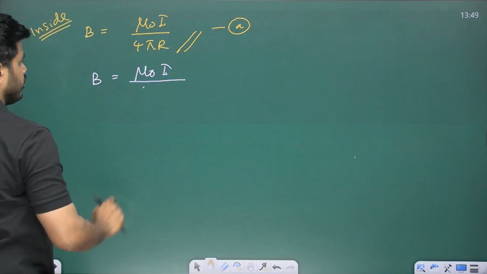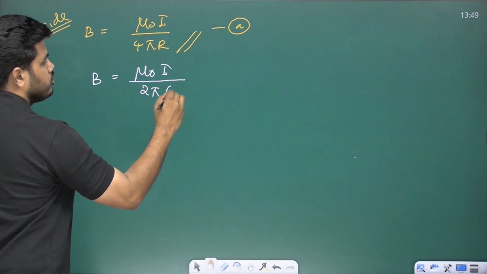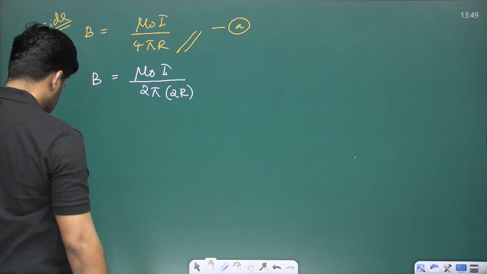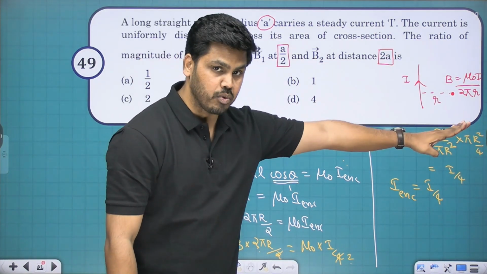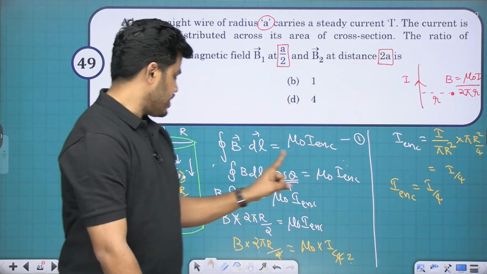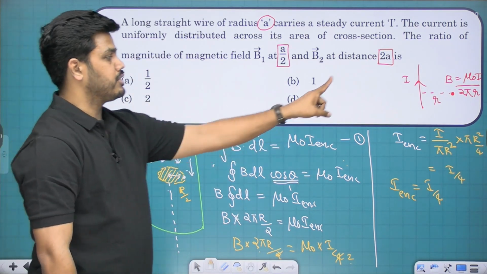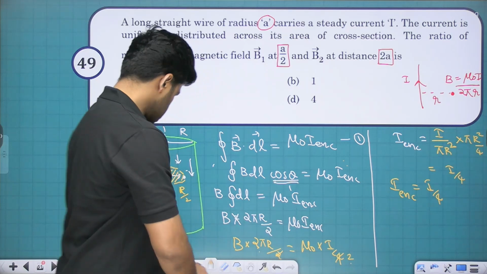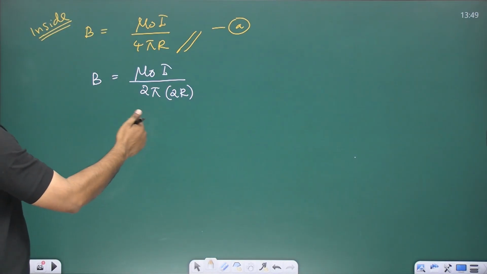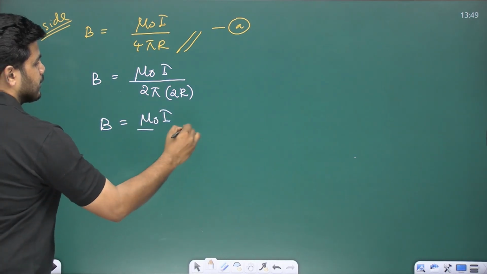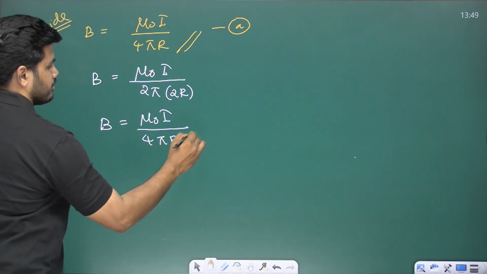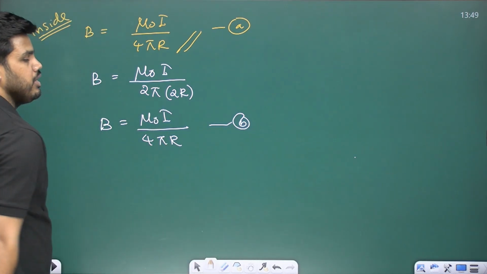So 2 pi into 2R, because the second point B2 is at a distance 2A from the wire. Instead of A we have taken R in our derivation, right? So instead of 2A it is 2R. Substitute here 2R. Look at this. B is going to be mu naught I by 4 pi R. This also is 4 pi R, equation B.